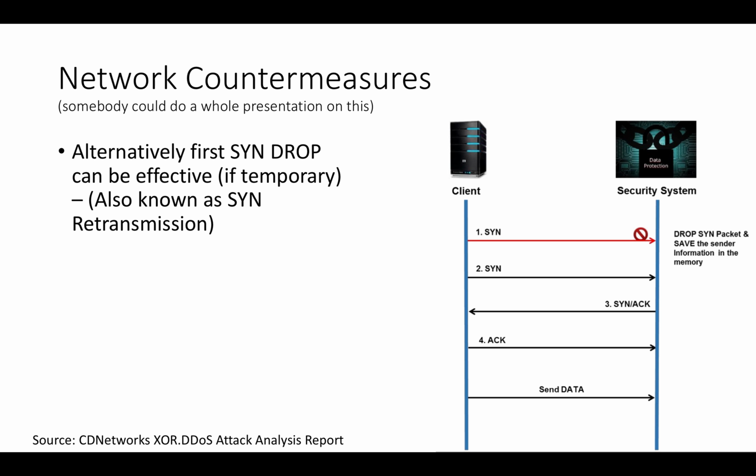Another one that's somewhat similar to this is a SYN drop, a temporary solution you might put in place to overcome an attack. It's also known as a SYN retransmission. You can see over on the right-hand side, at first the client sends in a SYN, and then we in the cloud, or maybe your firewall device, would just drop the first one. We just ignore it.